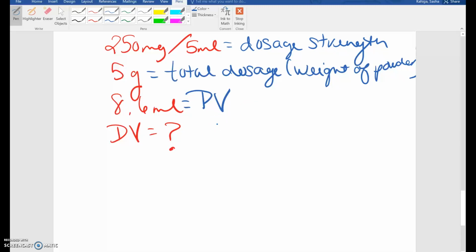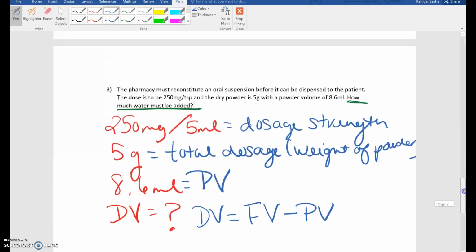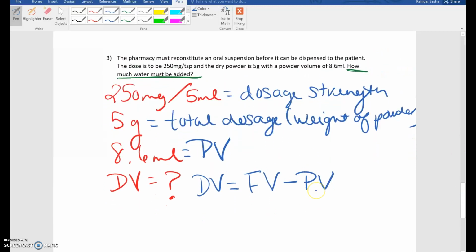So, for instance, if I'm looking for diluent volume, in this case, I'll manipulate that powder volume formula and just change it to say DV equals FV minus PV. So when you're looking for your diluent volume, all you do is you subtract the powder volume from the final volume. That'll give you your diluent volume. But if you look at the problem, we do not have the final volume.